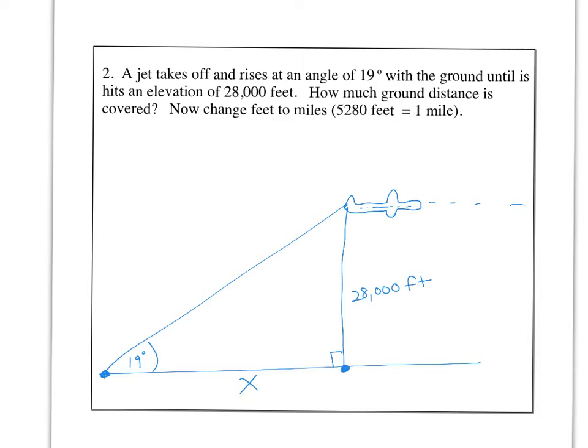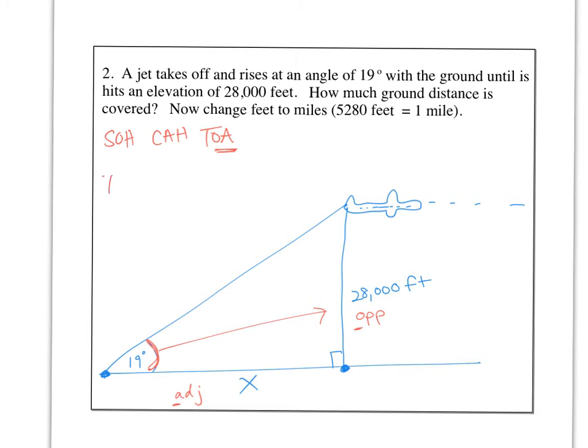So there's our picture. So think about what two sides you have. Here's your angle. The 28,000 is opposite. The X, what's the X? Is it the adjacent or the hypotenuse? If you're thinking adjacent, you are right. So we're going to do the O and the A. So you have to think about SOHCAHTOA, and you're going to choose the one with the O and the A. TOA.